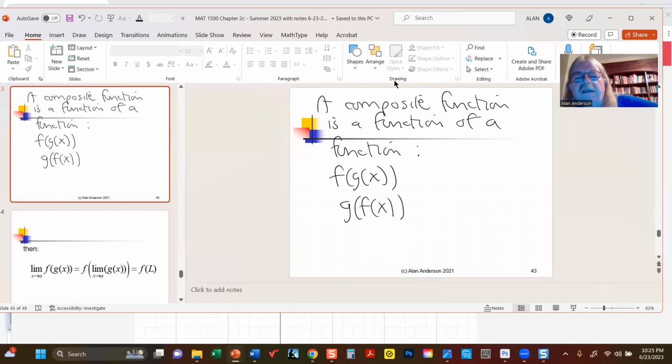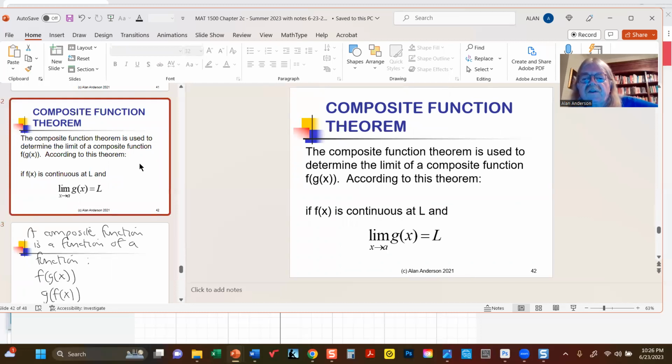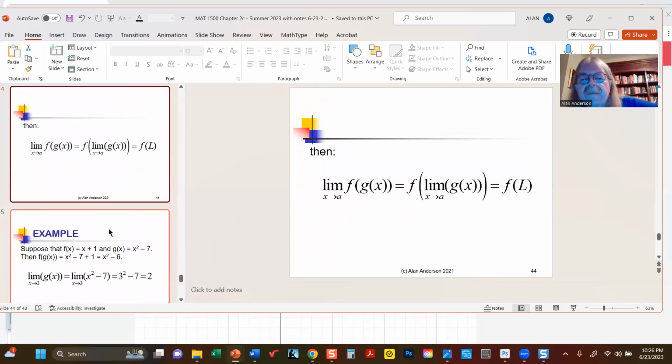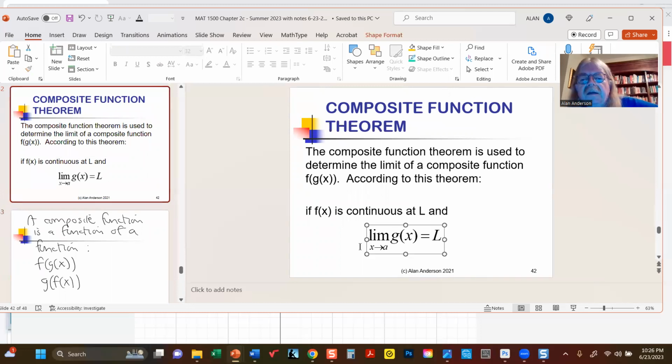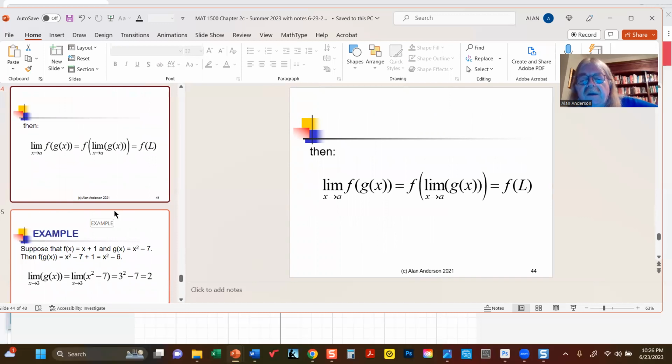It's a function which is a function of another function. So this theorem basically is saying that if f of x is continuous at L and g of x has a limit as x approaches a, then the limit of the composite function is f of L.